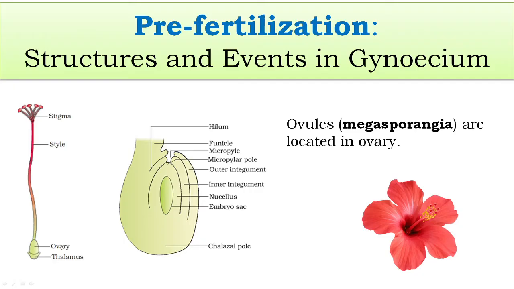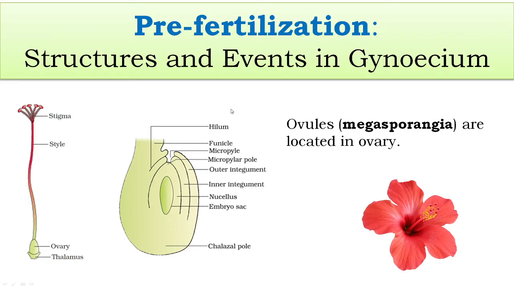Now remember, inside the ovary we have ovules. Ovules are also called megasporangia. Remember, inside the anther we had microsporangia. Inside the ovary we have megasporangia, also called ovules.